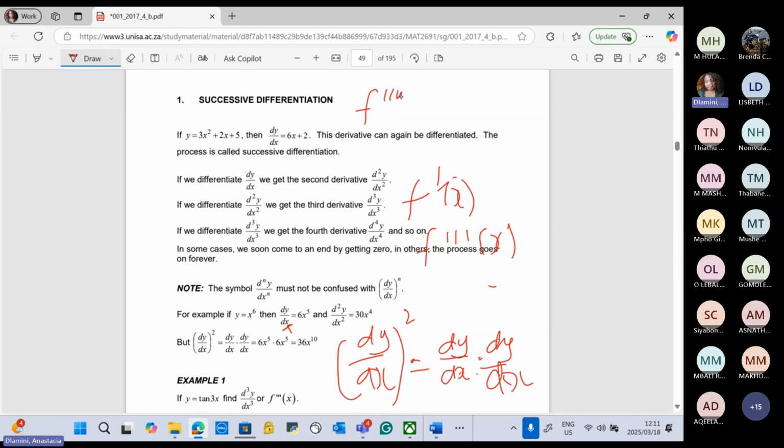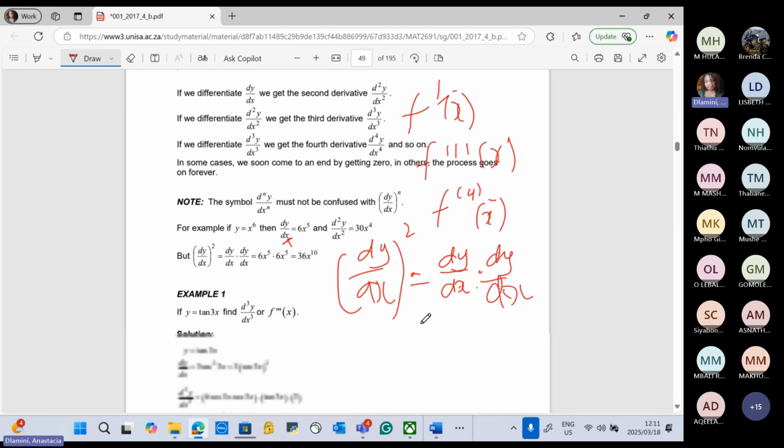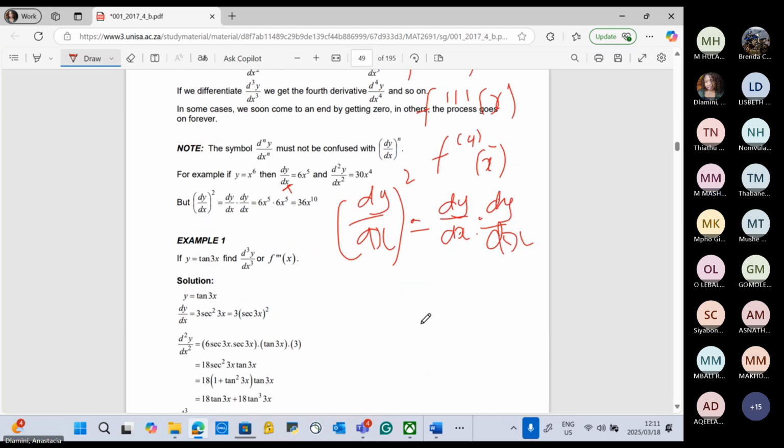They don't write 1, 2, 3, 4, 5, 6, 7 primes like this. So f to the power of 4 means the fourth derivative, or in Roman numeral form. Are we all together? Yes.